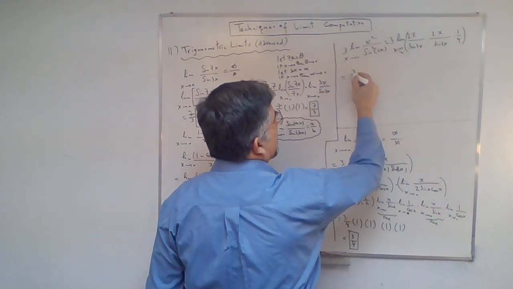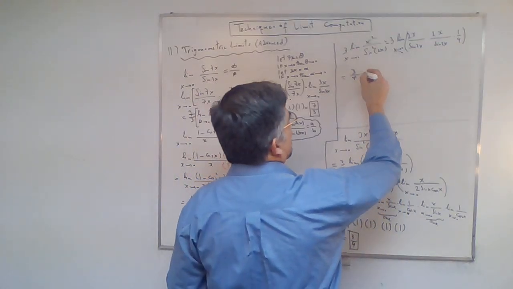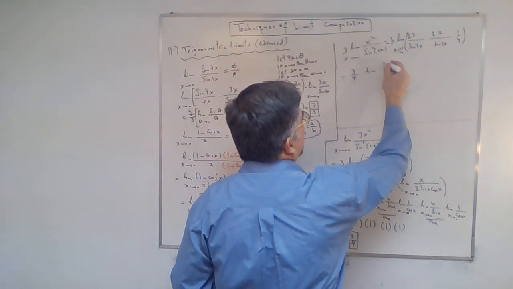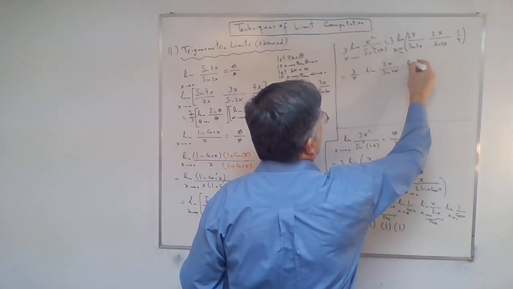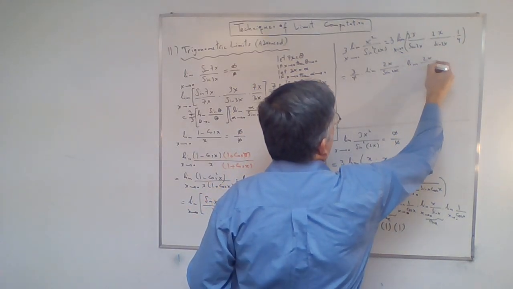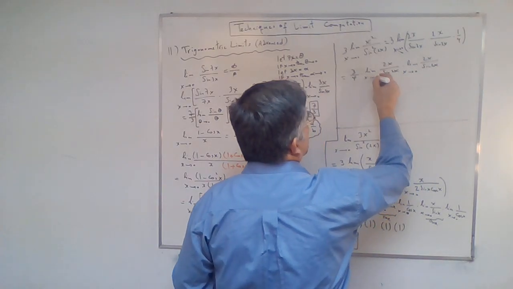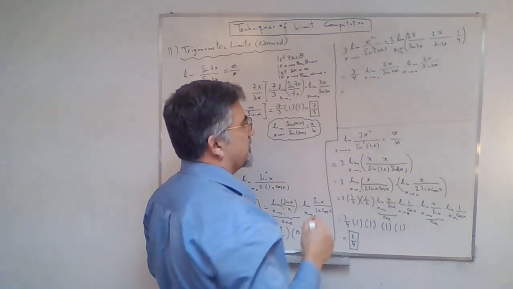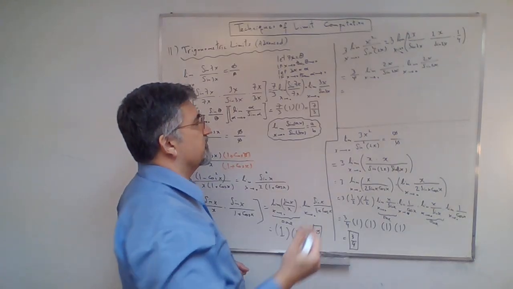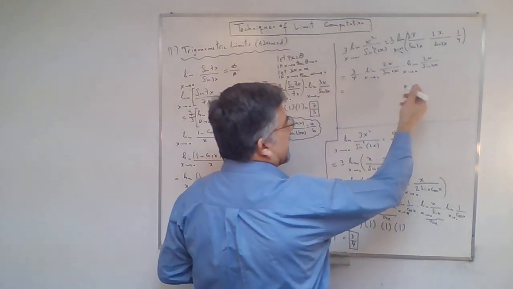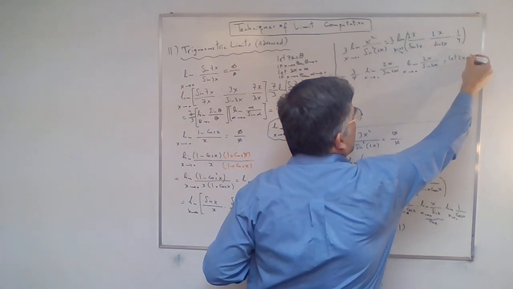And then 3 over 4, because 1/4 comes out, times the limit of 2x over sine of 2x times another limit of 2x over sine of 2x when x approaches 0. So this would be another way you can break it down. And here you can let, of course, 2x equal to some theta.